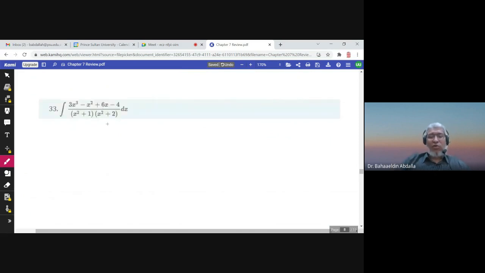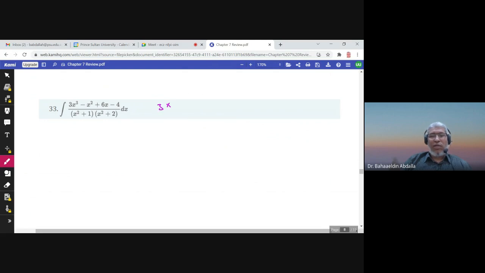I have here also a rational function, but this has an irreducible quadratic factor, and this is also an irreducible quadratic factor.